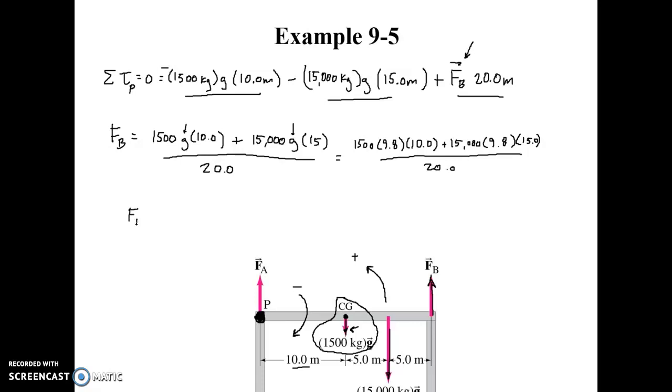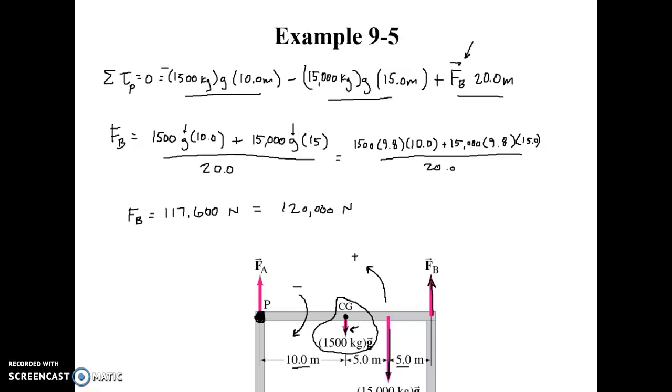All we have to do is plug that into our calculator and solve, and we should find that we get something like 117,600 newtons. And if we round that to, let's see, it looks like 2 significant figures maybe is what we should be taking this to, it would be about 120,000 newtons.